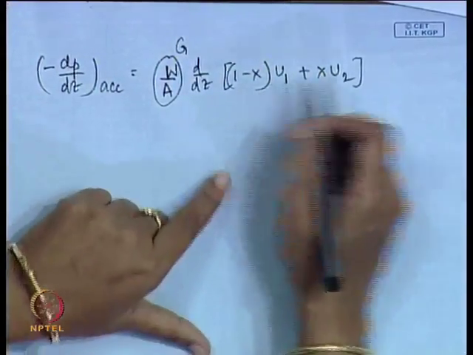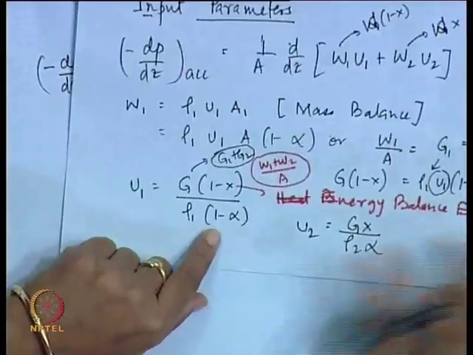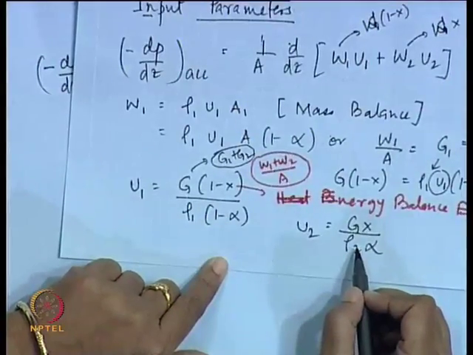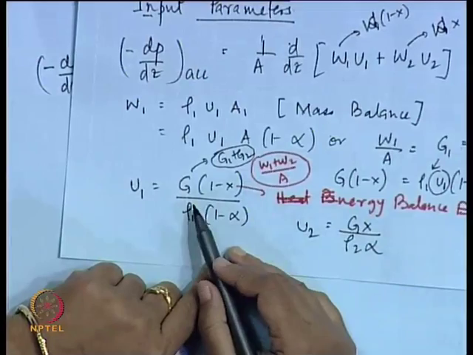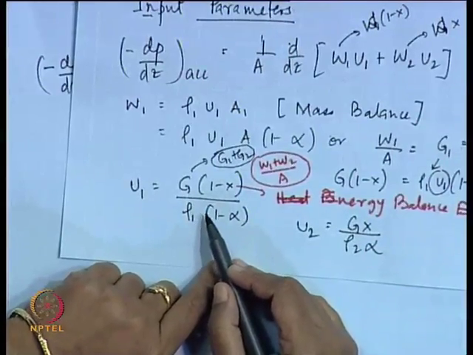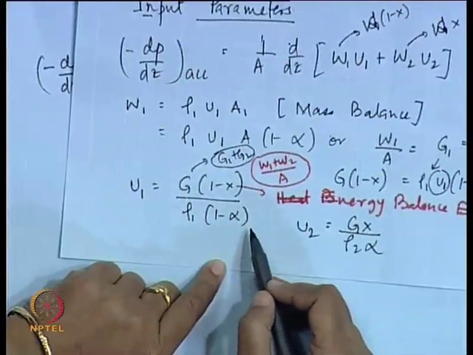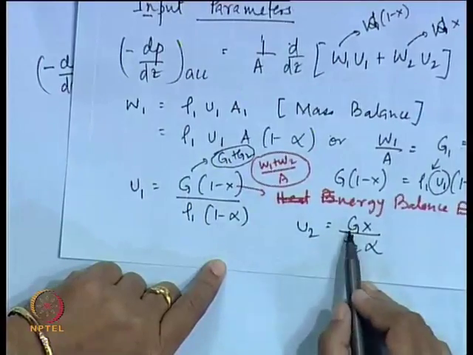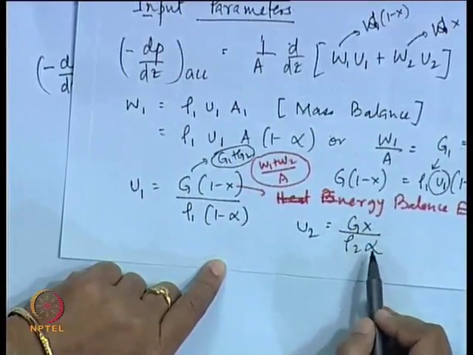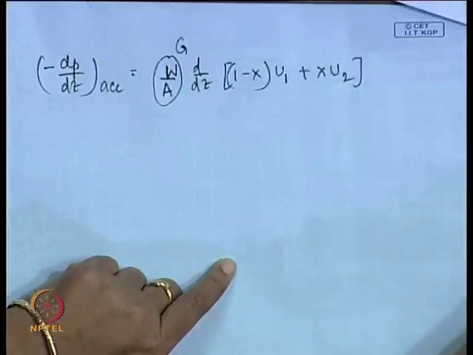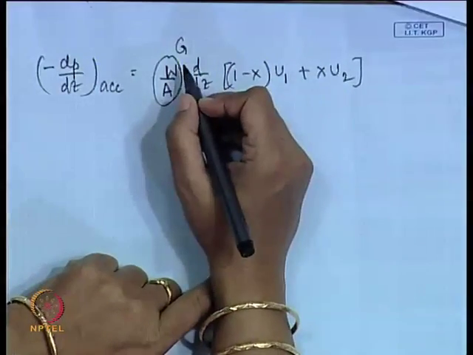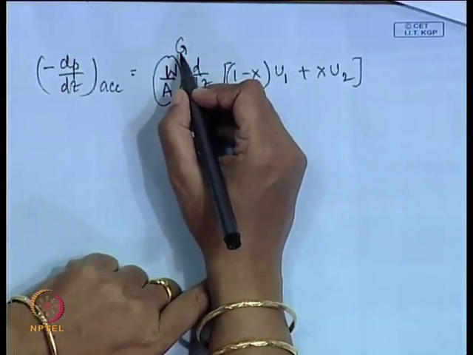Now, in this equation, if u1 and u2 are substituted from these two equations, u1 equals G into 1 minus x by rho 1 into 1 minus alpha, and u2 equals G x by rho 2 alpha, then what do we get? Another G comes out from here and it makes a G square outside.